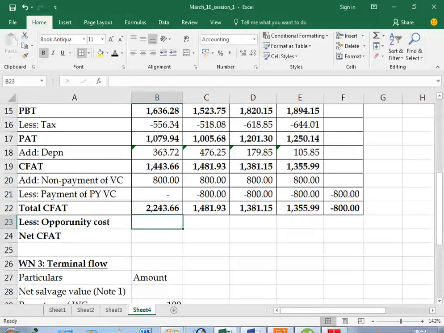So less opportunity cost. How much? 20, 20, 20 or 25? Okay, 20. So minus 200 for the 4 years.